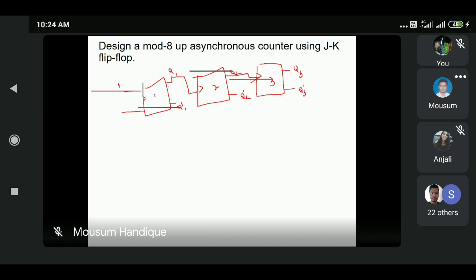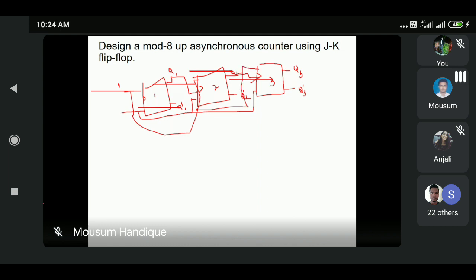J and K, you can connect to all the flip-flops. Here also J, this one is also K, and this one is also K, and this one we are connecting as a J.